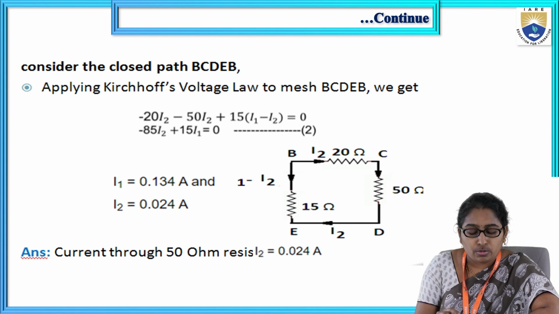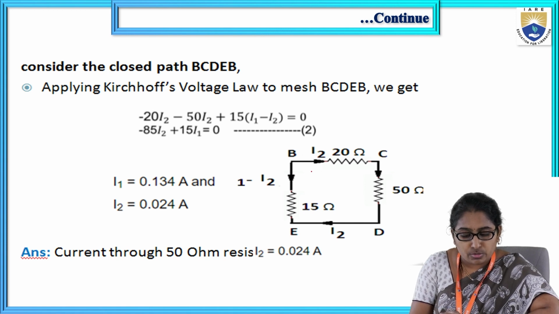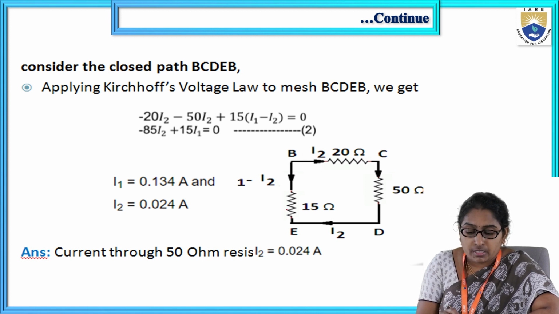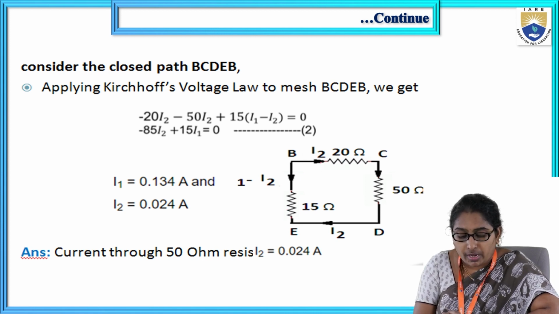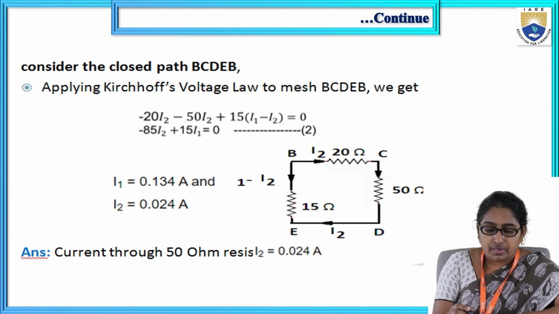Next, for the next closed path, what is it? Here, BCDEB. In the 20 ohm, what is the current? I2. And in the 50 ohm, the current is also the same I2. In the 15 ohm, we have I1 minus I2.